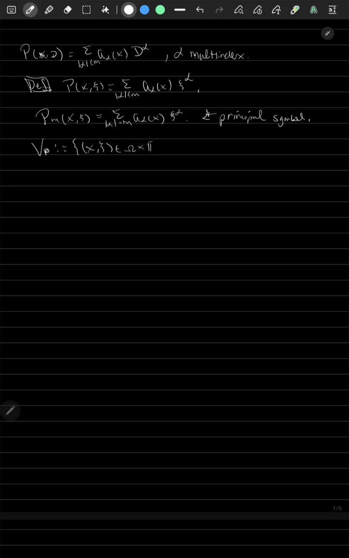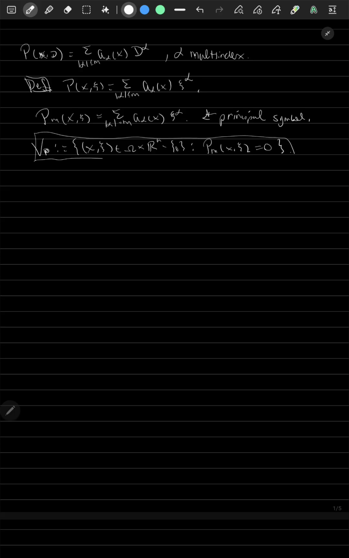So it's omega times R^n, where n is the dimension of omega, without the origin, such that P_m, which is the principal symbol of your differential operator, is 0 at xi. So it's a set of roots of the principal symbol, right? V_P, your characteristic set, is a set of roots of the principal symbol.